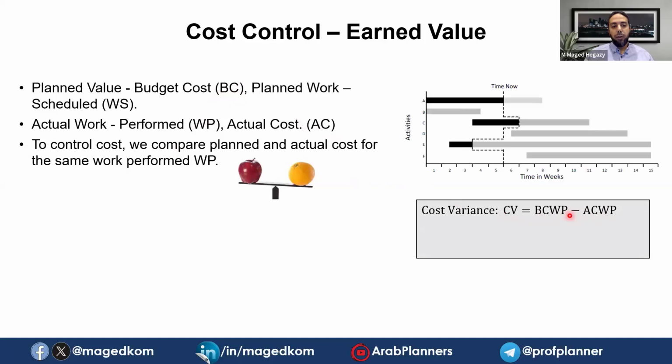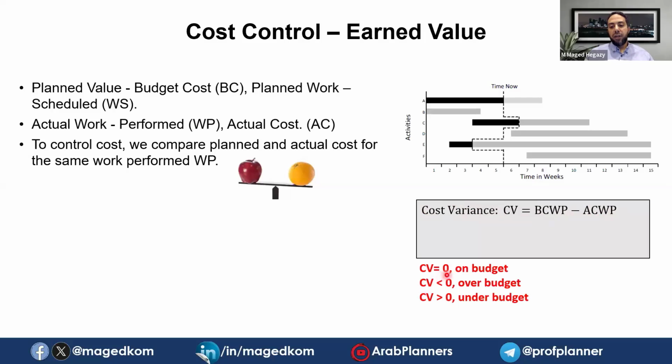We calculate the earned value to know the work performed from the budget cost. The cost of the work performed according to the budget cost. So the budget cost of work performed is called earned value. It is a theoretical value, but we need it here for this comparison and cost control calculation. And we compare to the actual cost we spent for the work performed. This is called cost variance.